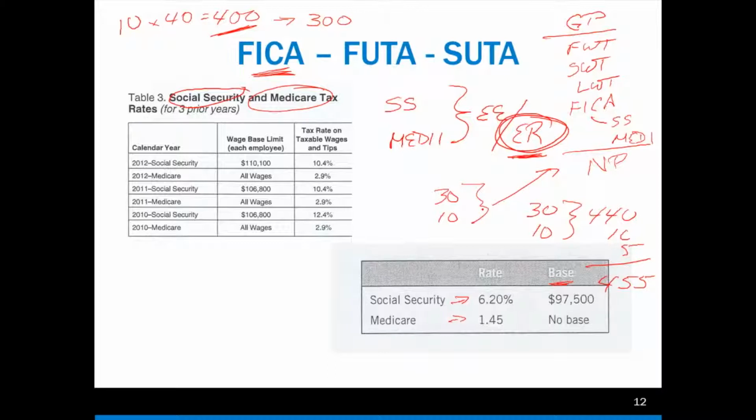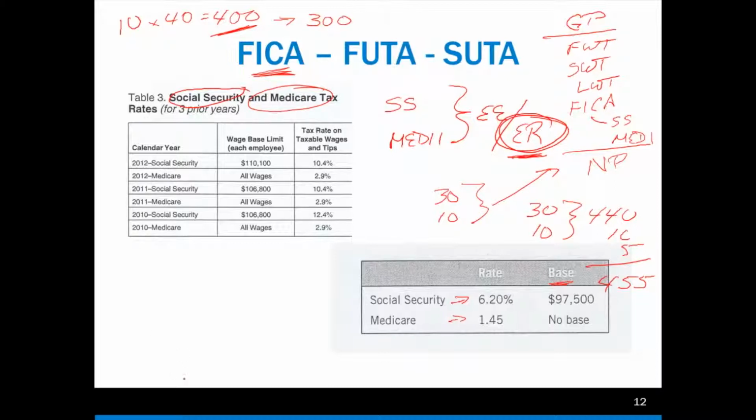Now all of these employees go to the unemployment office and start collecting. Well, there has to be money there for them. So even though they never let anybody go, they still have to contribute, and it just sits there until that time. Of course, if they frequently let people go, the rate is high because somebody's always showing up at that unemployment office. So that's how the FUTA and SUTA work.